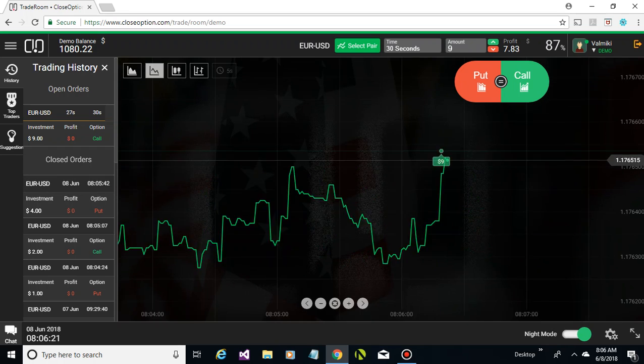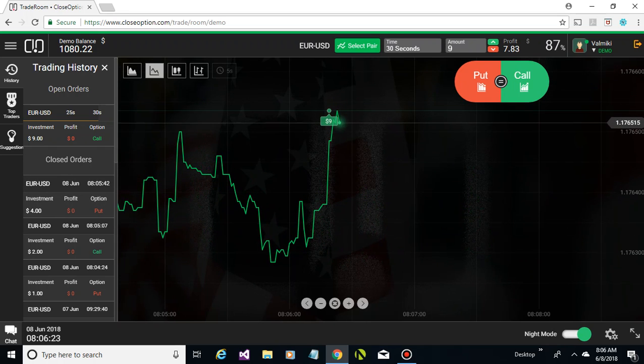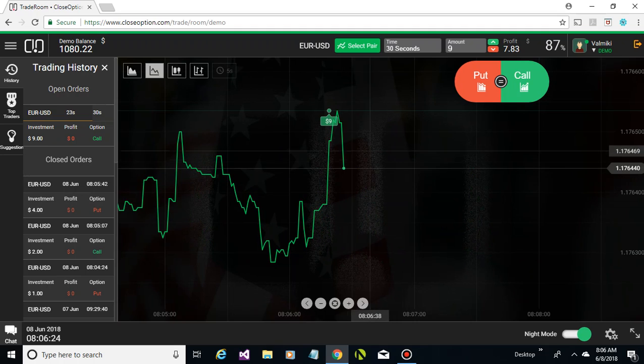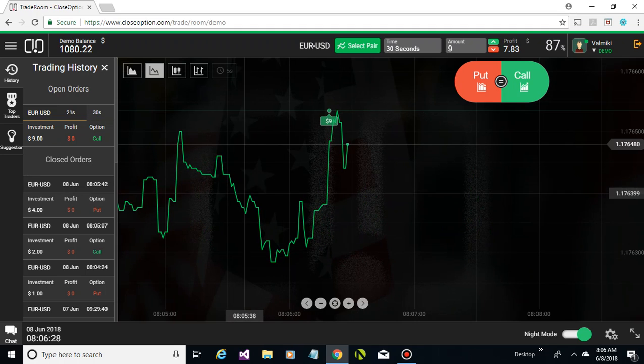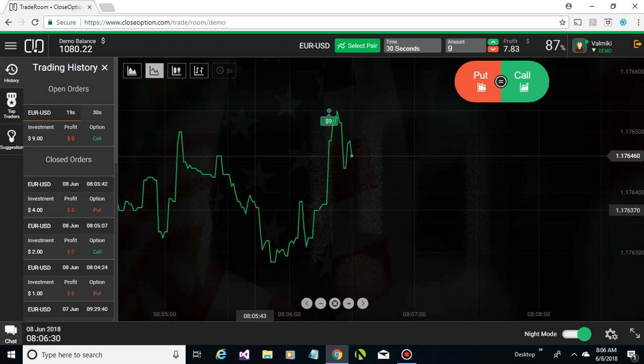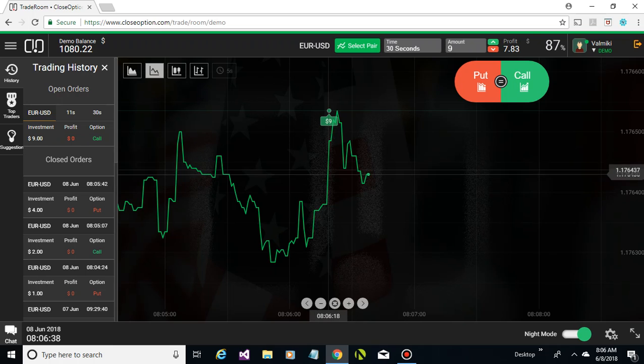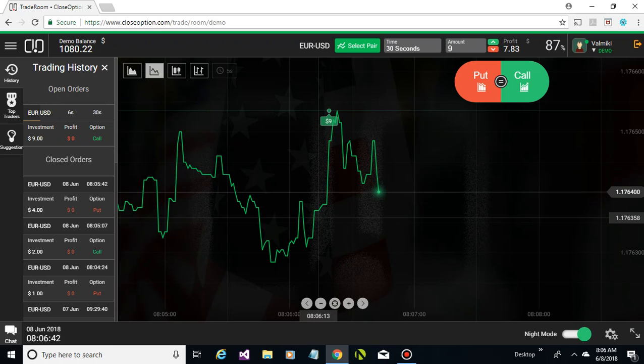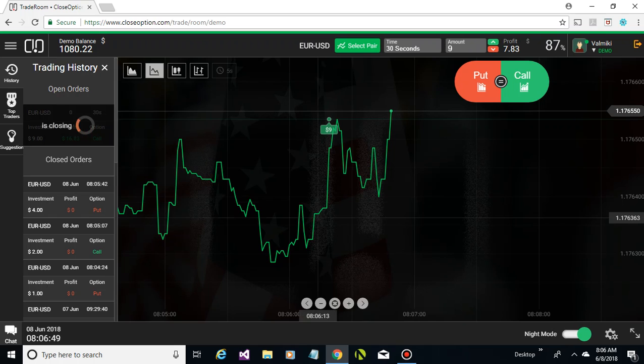You notice we opened our trade at 8:05:42, and at 8:05:42 we were somewhere around this level, which is at 372. We took a put position, and at 42 and 12 is right there, so slightly below that.